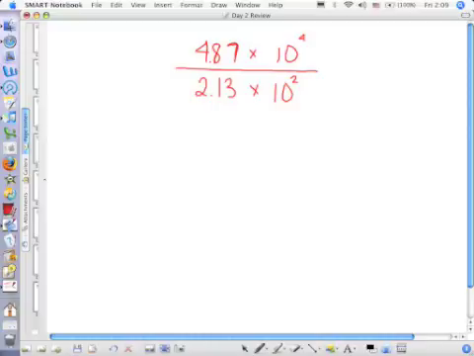Subtract the exponents. 4.87 divided by 2.13 is a ridiculously long decimal, so I'm going to round to the hundredths place, times 10 to the second. You're going to subtract the exponents. And 4 minus 2 is 2. Is this in proper scientific notation? Yes, it is.